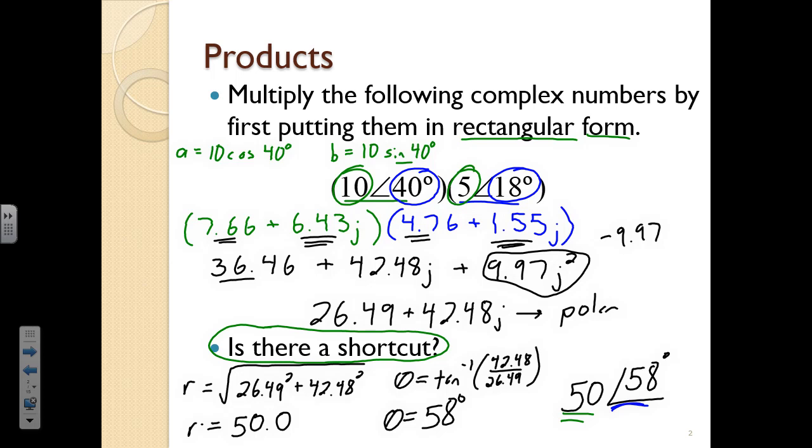All right, form a hypothesis here. What can we do with the individual magnitudes to get our resultant's magnitude? You multiply them. And what do you do with our two individual directions to get the resultant's direction? You add them. Yeah, that's a shortcut.